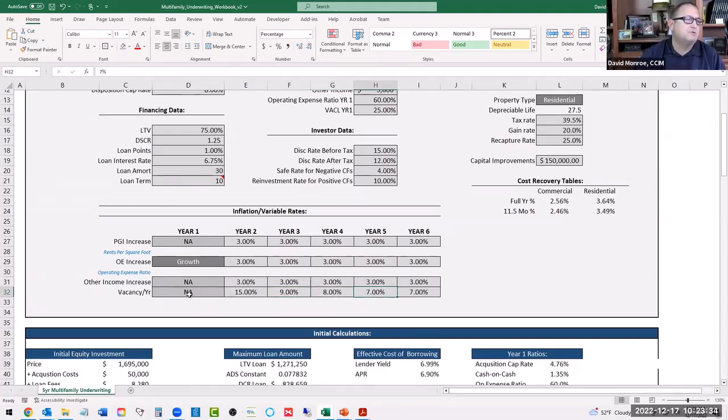So we go from 25 in year 1, 15 year 2, 9 in year 3, 8 in year 4, 7 in year 5. All right. So this is a manipulation of the model because this will cause your NOI to go up because you're lowering vacancy, even though income and expenses are the same. You guys understand that? Does that make sense?